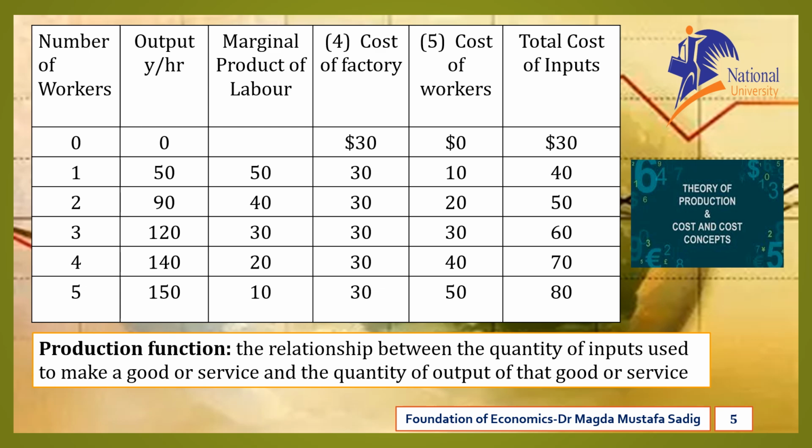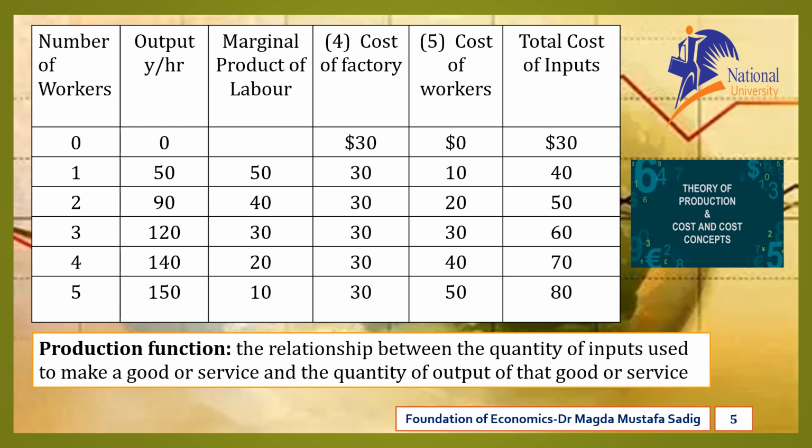So we observe that the number of workers is increasing from 0 to 1 to 2 to 3, 4, and 5, where output increases with the increase of the number of workers from 0 to 50 to 90 to 120, 140, 150.